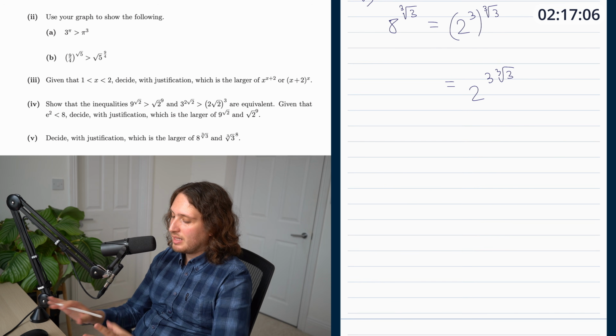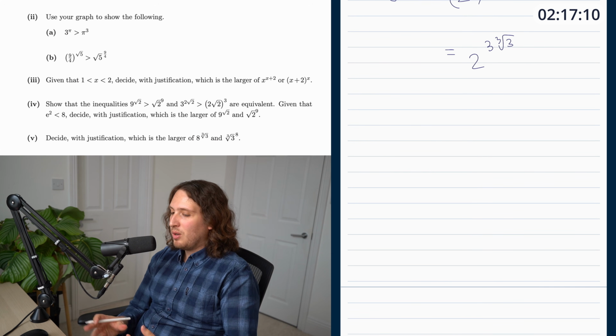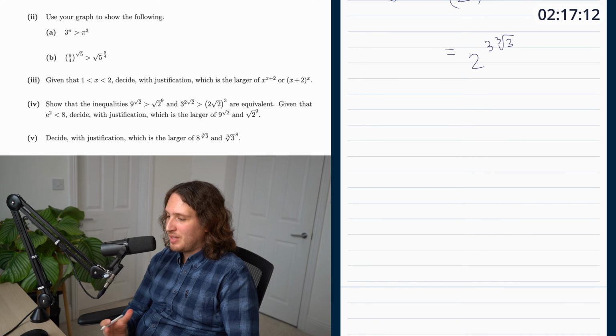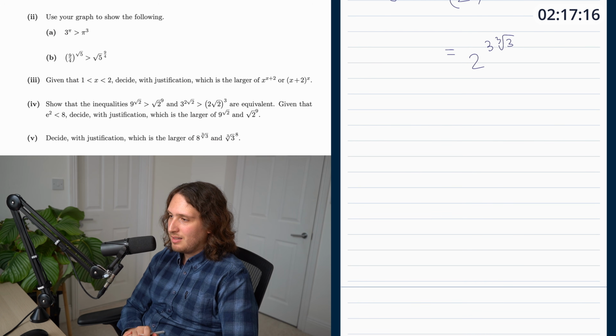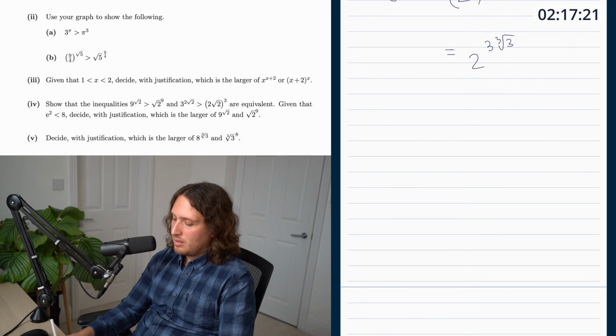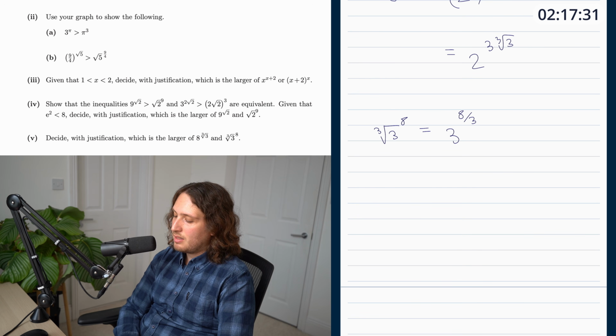Okay, and to see what I want to do, let's massage both at once. In part 4, I knew what my target was for both of these. Whereas here, that's not the case. So cube root 3 to the 8 is 3 to the 8 thirds.